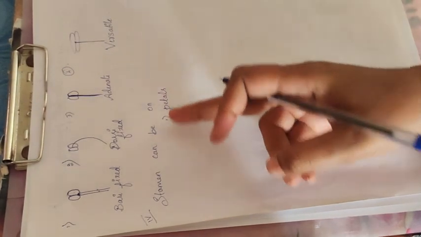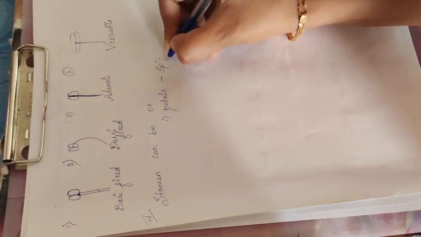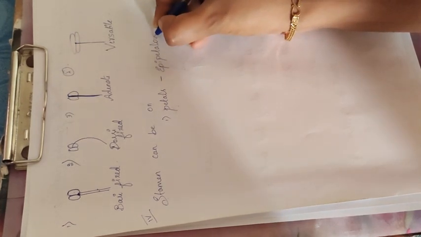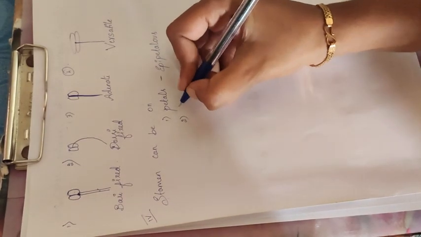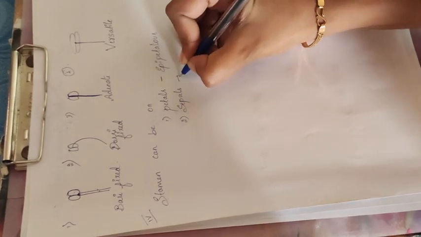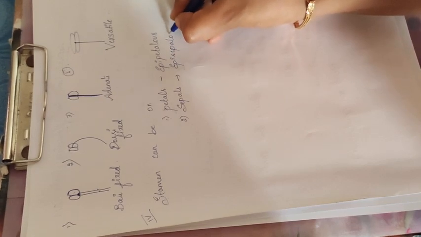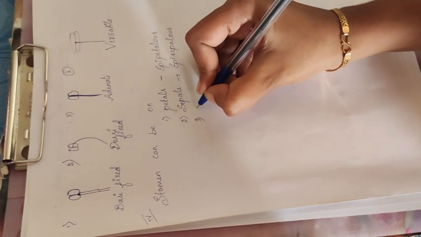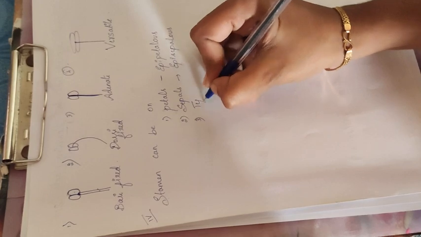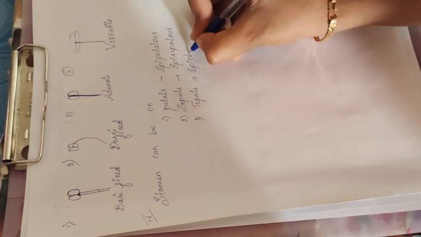If the stamen is coming from the petals, you call such a condition epipetalous. If the stamen is coming from the sepals, you call it epicephalous. If the stamen is coming from the tepals, you call it epiphyllous.